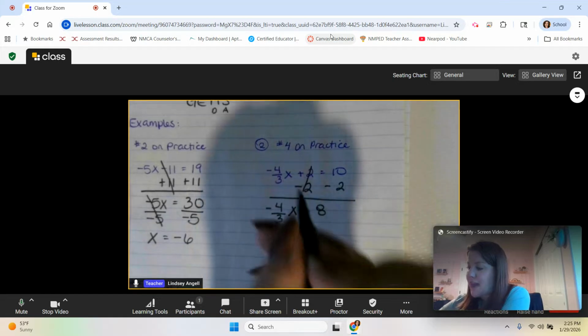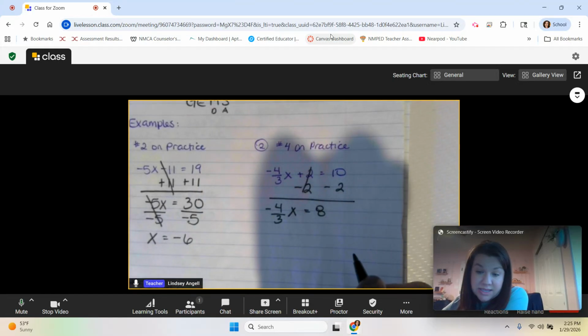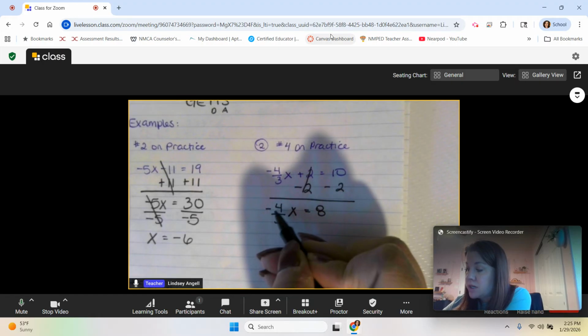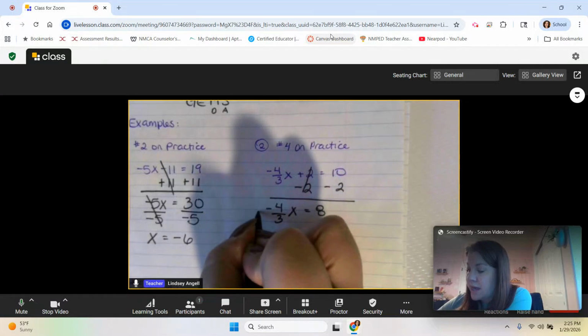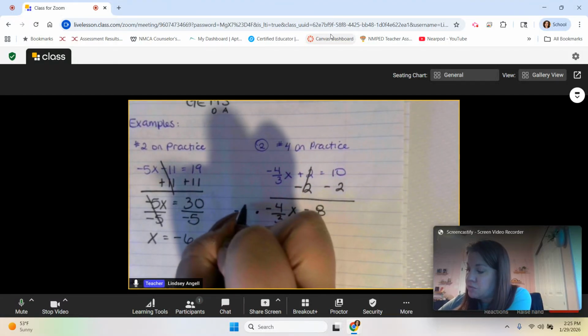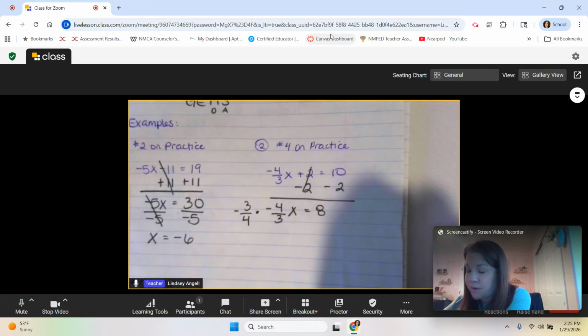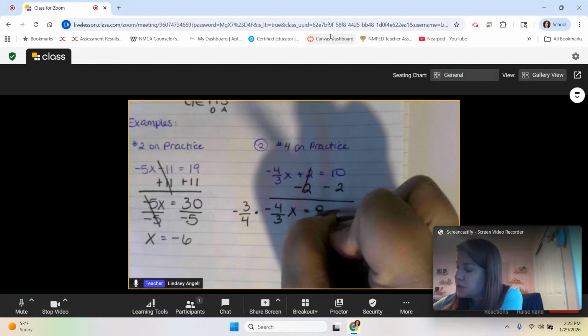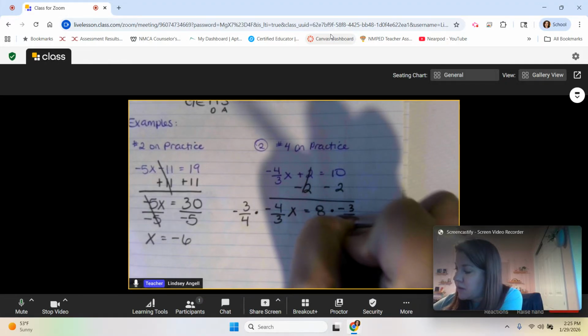And they do go over this in your lesson, so pay attention to that part. In order to cancel this out, what I need to do is multiply by its reciprocal, which is the same thing as dividing by that fraction. So I'm going to do that on both sides of my equation.